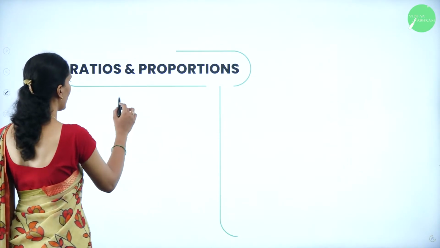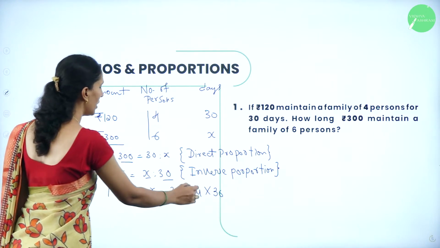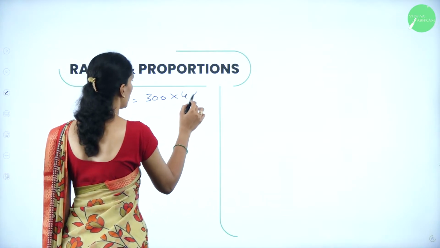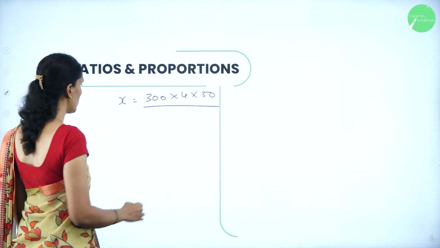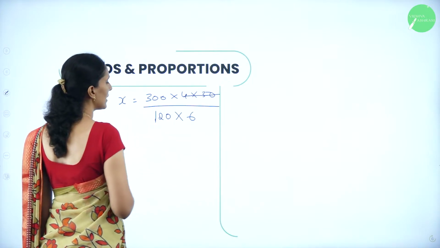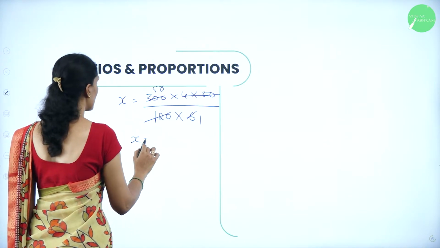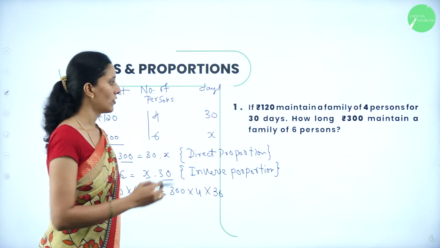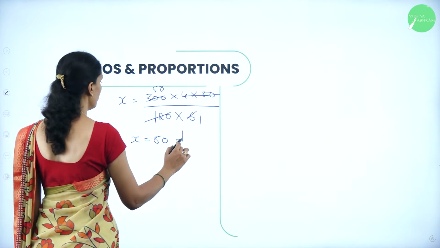Therefore x is equal to 300 into 4 into 30 whole divided by 120 into 6. So 4 3s, 30s are 120, 120 gets cancelled, 6 1s are 6, 5s are 30. So therefore x is equal to 50. So the number of days required for 6 persons for the amount rupees 300 is 50 days.